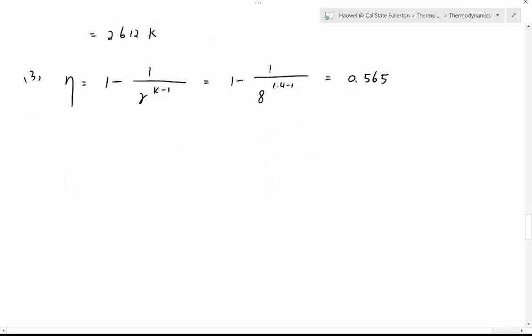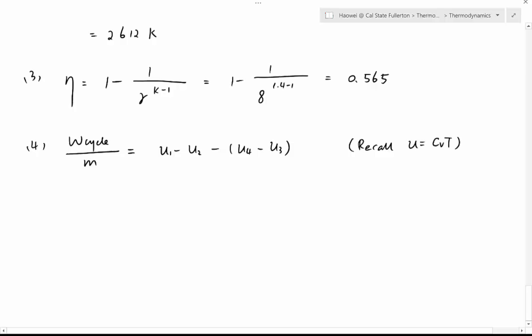And then part 4. Part 4 is to look for W cycle per unit mass, and we do have an equation for that. That is (U1 minus U2) minus (U4 minus U3). And then again, recall, lowercase u can be calculated by Cv times T if it is an ideal gas. So we take Cv out of everything.